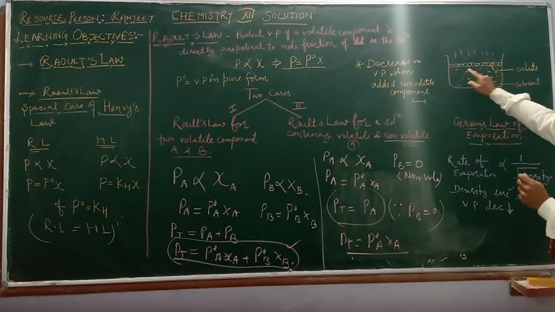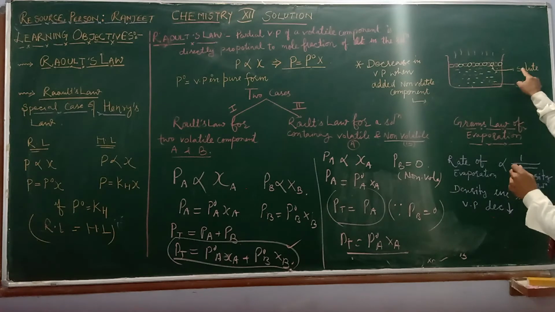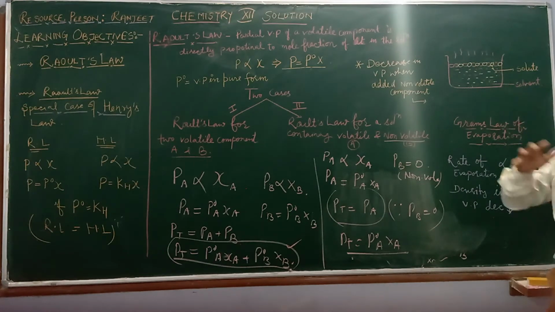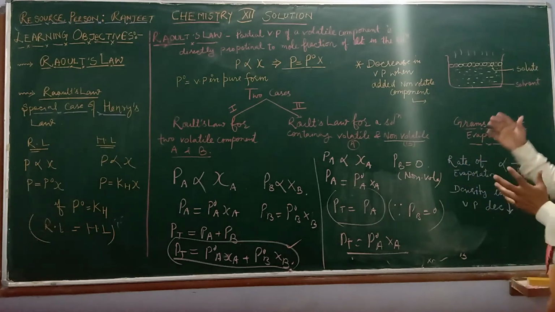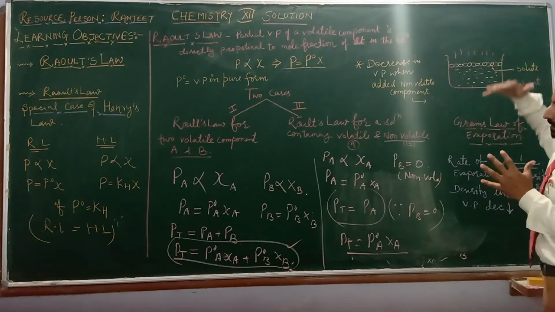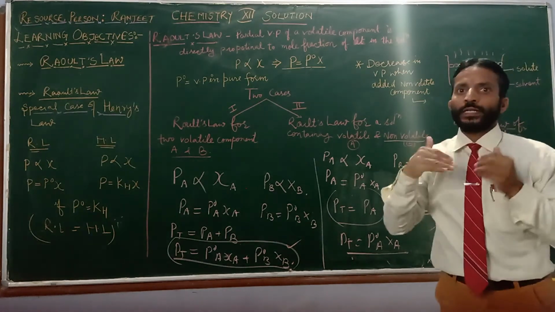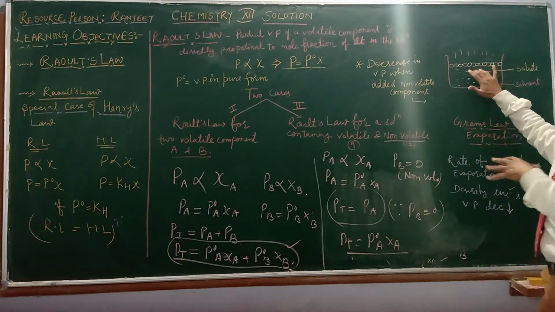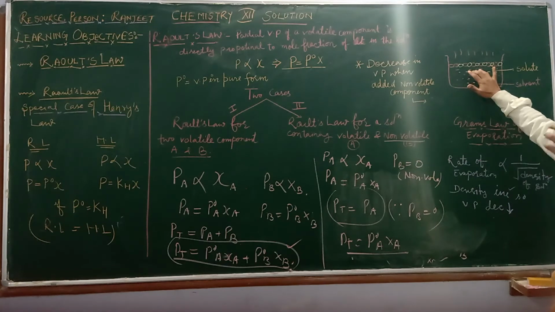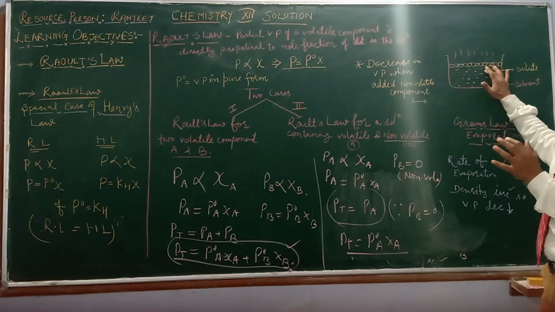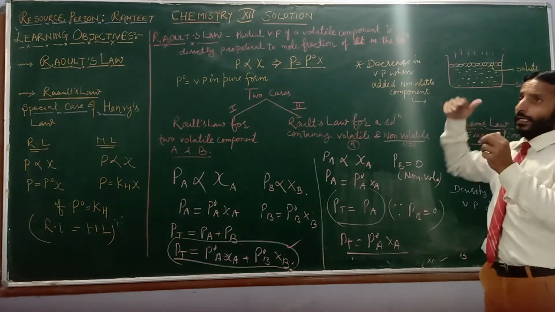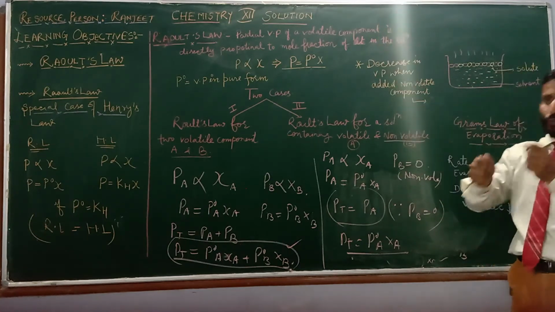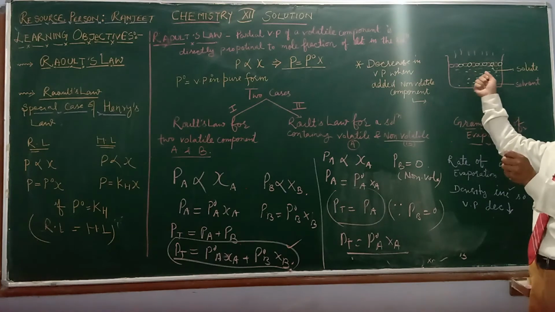At the surface, solute particles are also present and solvent particles are also present. Now when the vapors start moving from the volatile component, the non-volatile component particles are also present on the surface. So these particles do not go into the vapor state themselves, but they also create problems for others.